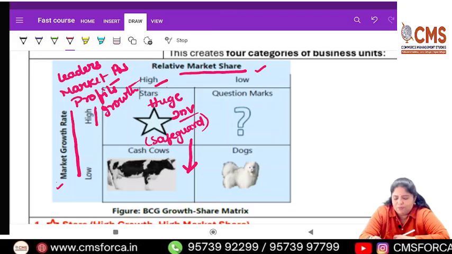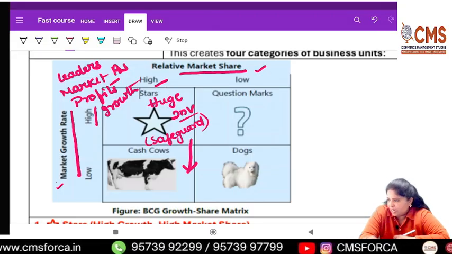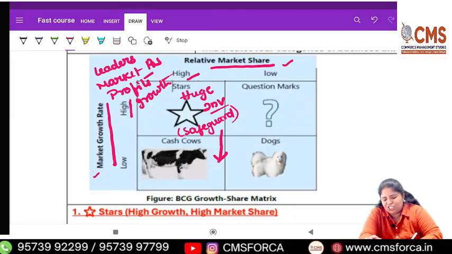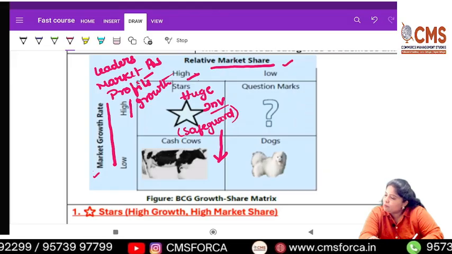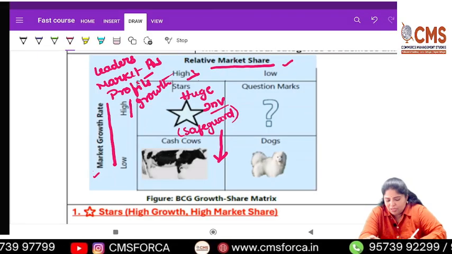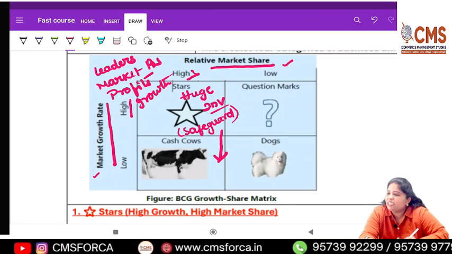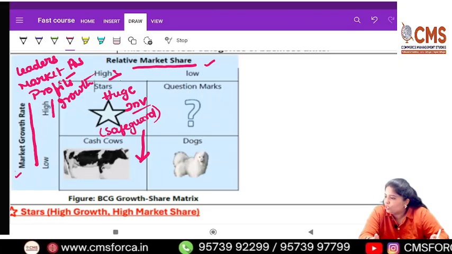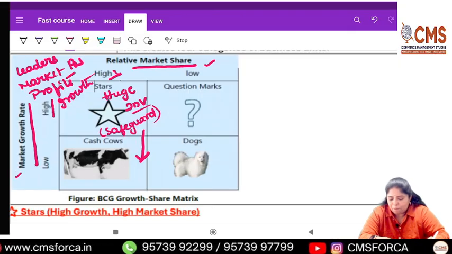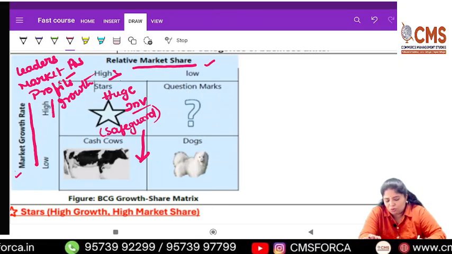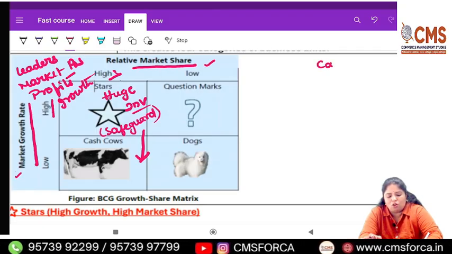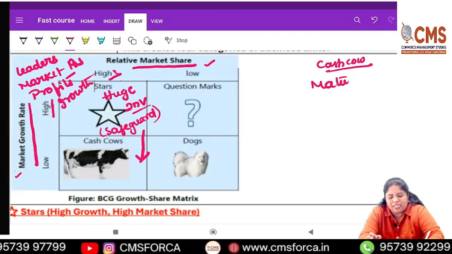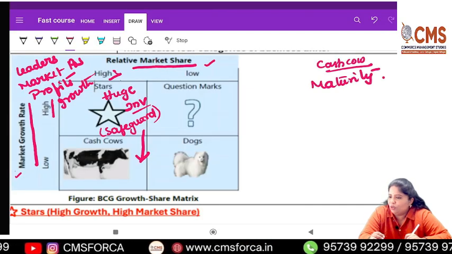Now, if you observe the cash cow category, how is the market share? Their market share is high, but market growth rate is low. So you can't expect further growth. So let's talk about the cash cow category. The businesses are already in a stage of maturity.